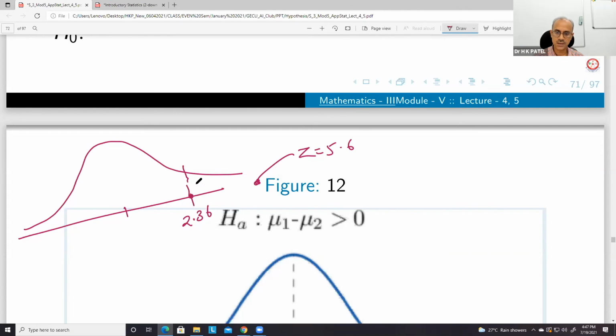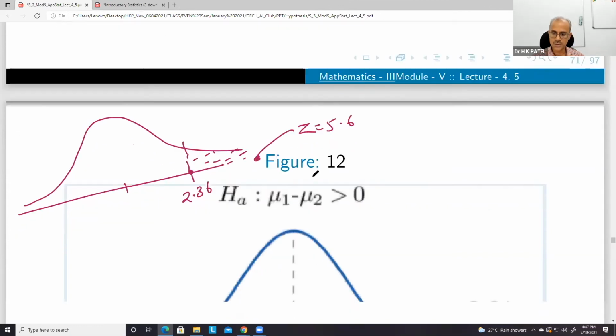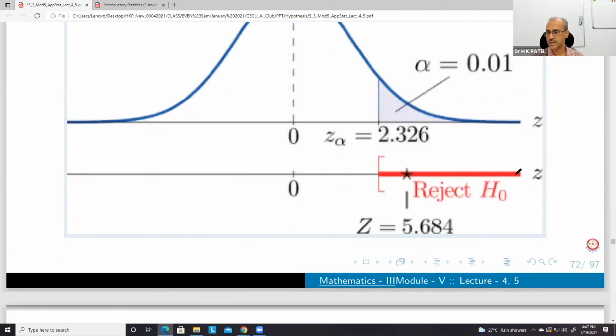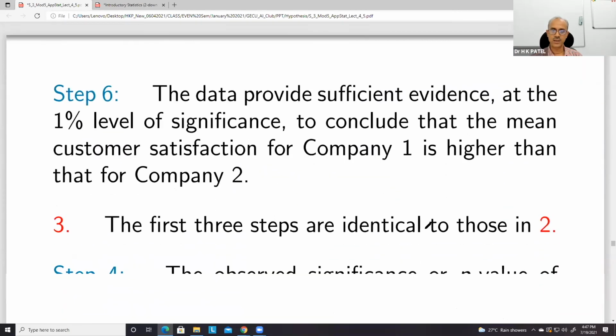In this case, this is a rejection region. The acceptance region is the left side of 2.326, and therefore we reject the null hypothesis. You can see that 2.326 is there. The red line is the rejection region, and here it falls. The Z value comes to 5.684, and therefore we reject.